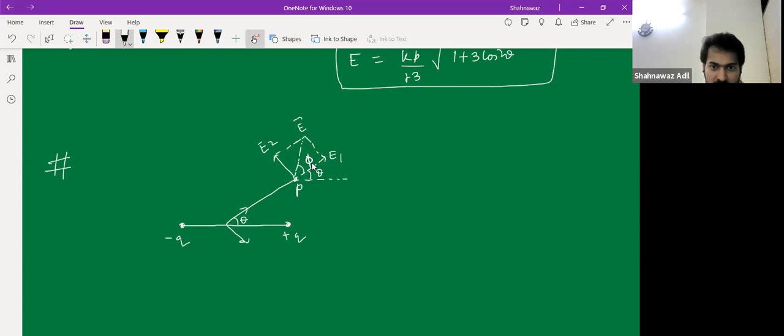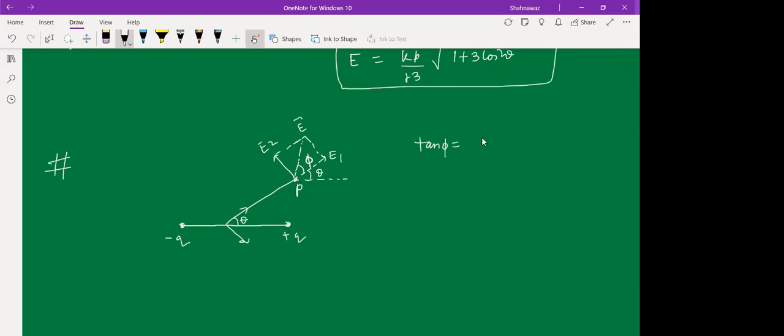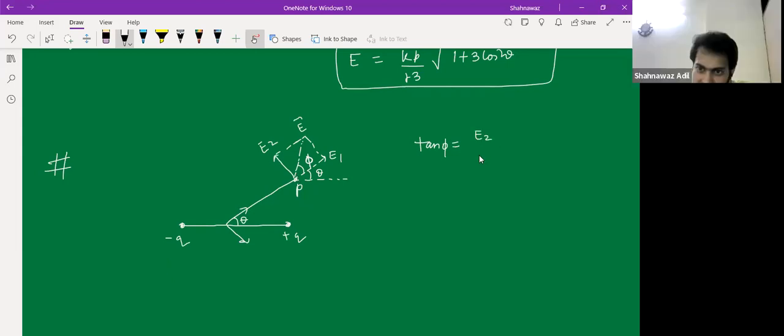So what would be the direction, guys? This tan phi would be how much? Vector E2 by E1. Yes, right, E2 by E1. Thanks. E2 was how much?